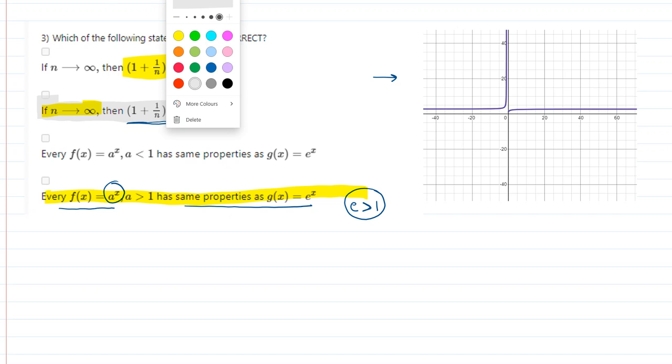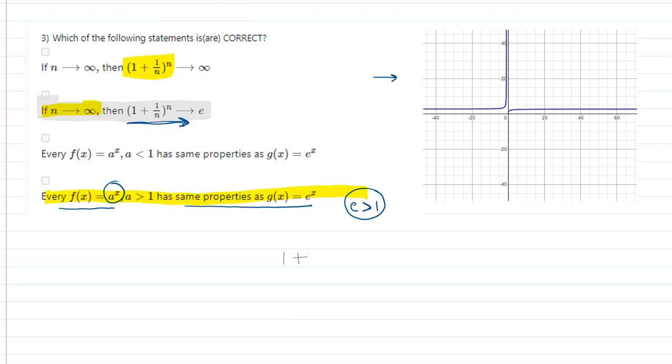If we have 1 plus 1 by n to the power n, and n tends to infinity, then f(n) tends to e, as you can see in this graph.